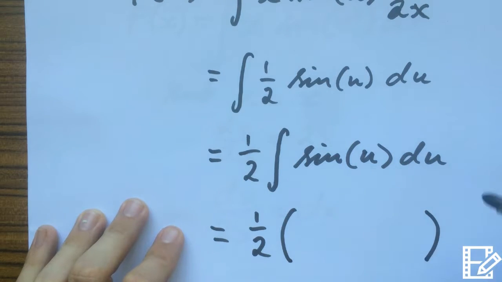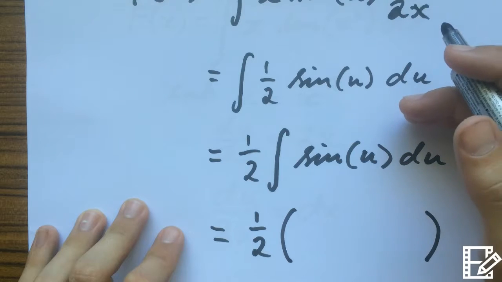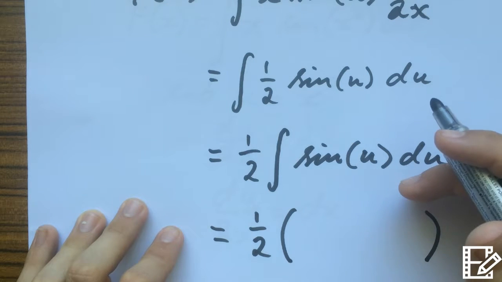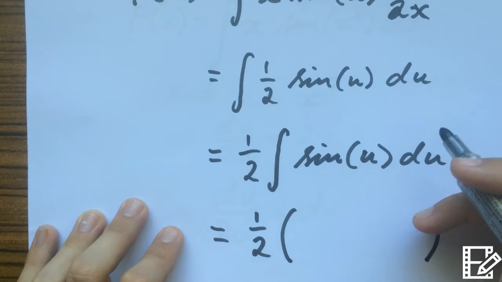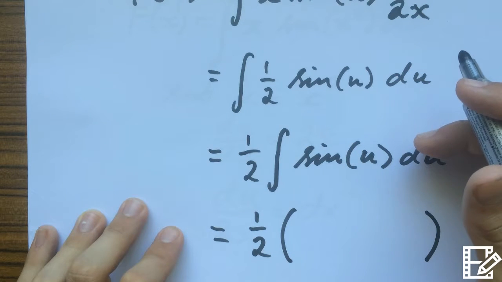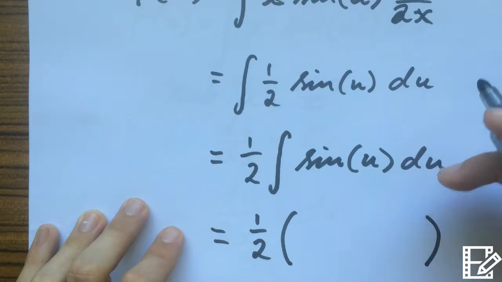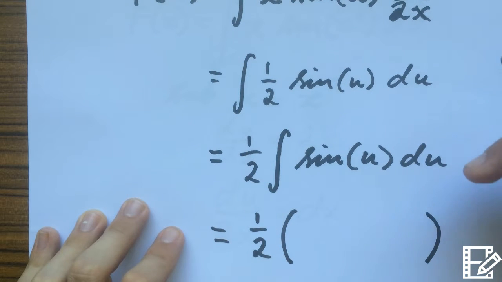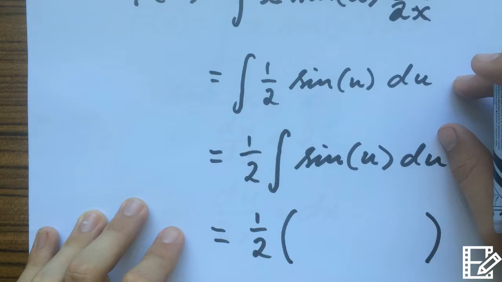Sine u: we know that when we derive sine, we get cos. When we derive cos, we get negative sine. When we derive negative sine, we get negative cos. And if we derive negative cos, we go back to sine. So if we were to do the reverse of that, in the antiderivative or the integral, we would go from sine to negative cos.